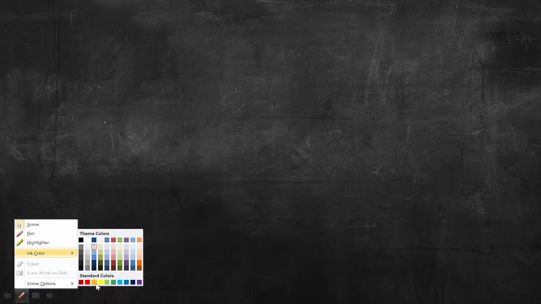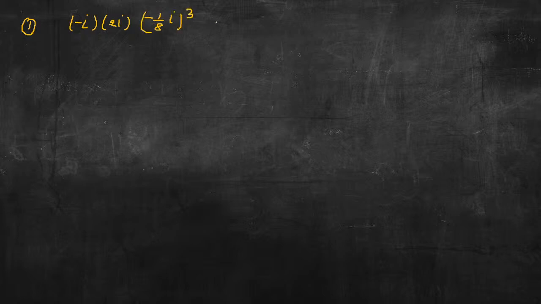See guys, now we will talk about some fundamentals, some questions related to complex number. The first question I'm going to write out here. You have to calculate minus iota into 2 iota into minus 1 by iota and 8 into iota cube.